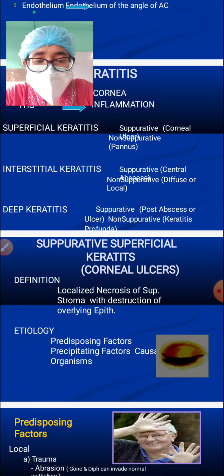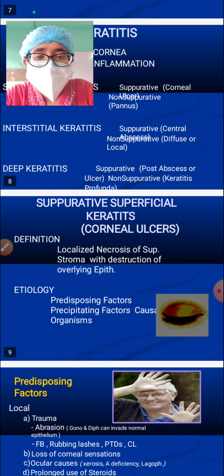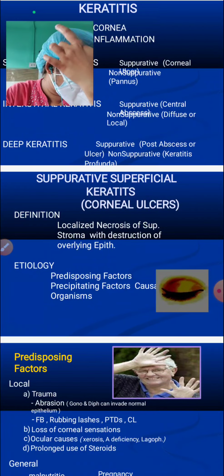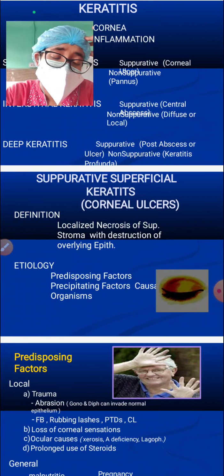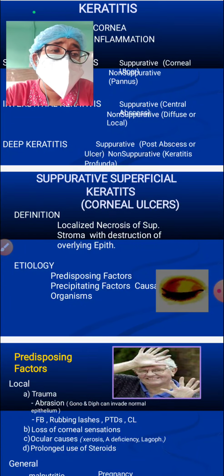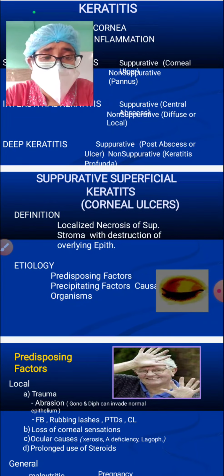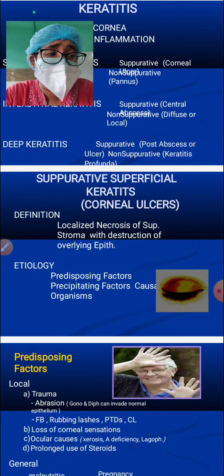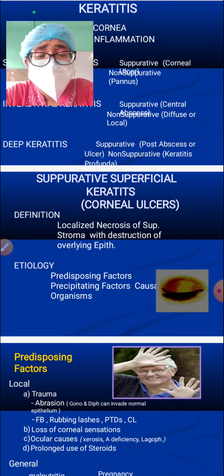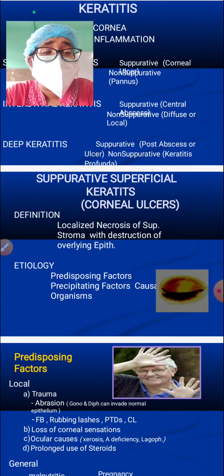So, I have already mentioned to you suppurative superficial keratitis and all. Now, one thing you need to know is what are the predisposing factors of this keratitis? Okay. First of all, the local immunity should be low. Next, the systemic immunity may be low, either the patient is diabetic or under immunosuppressants or anything like that.